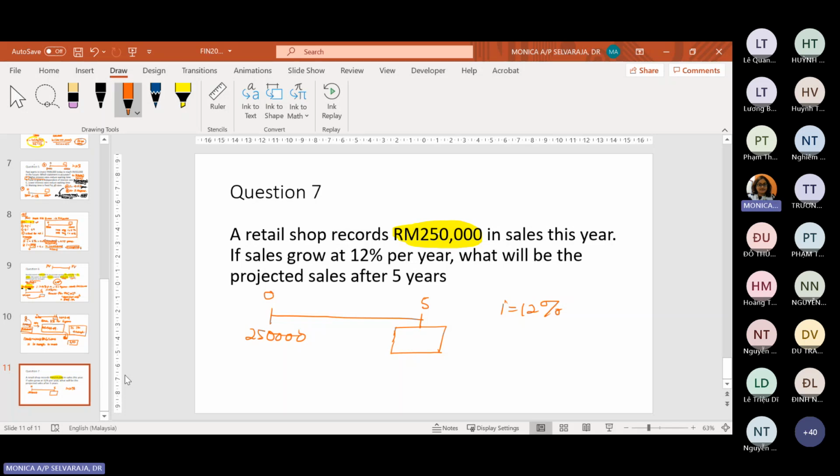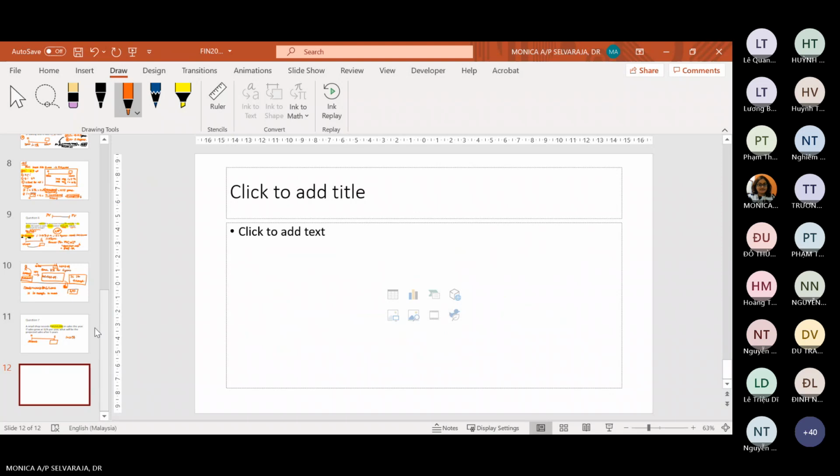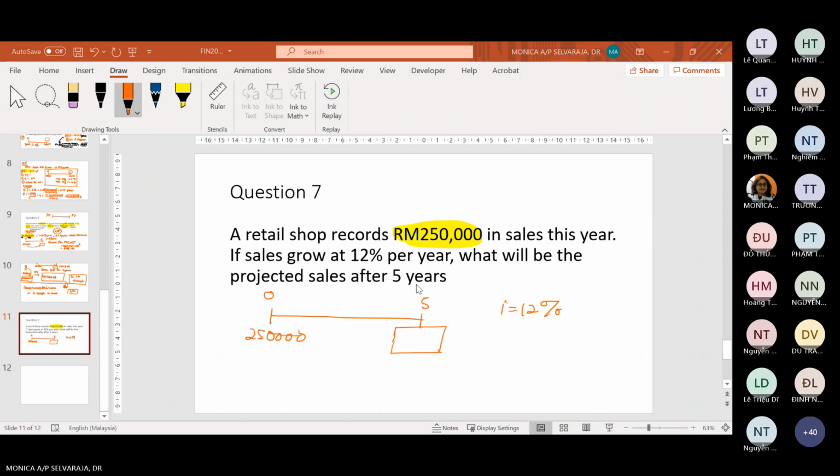So this one, what formula should you use? Present or future? Present or future, guys? You type in the chat box. Future value, you put a future value, okay. So let's calculate that, correct?